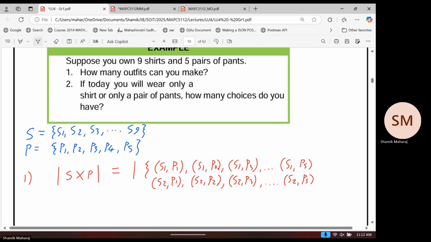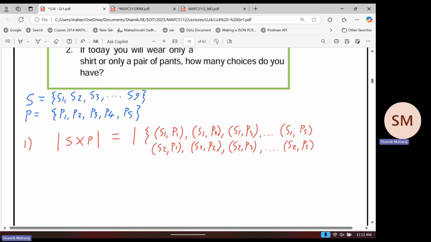And if we keep on doing this, we will eventually end up with S going up to 9. So S9 with P1, S9 with P2, S9 with P3, up until S9 with P5.